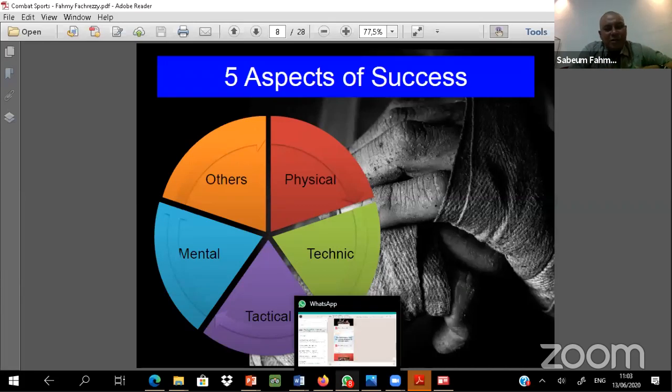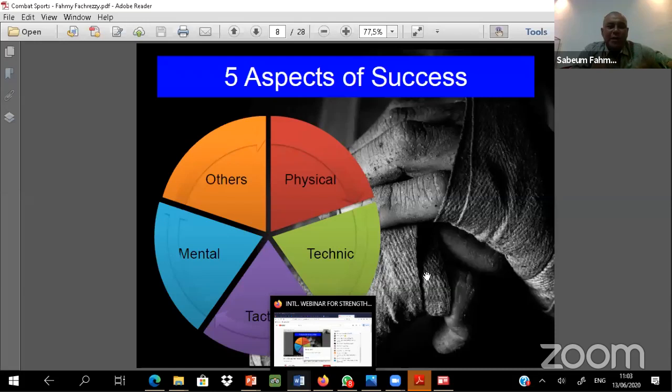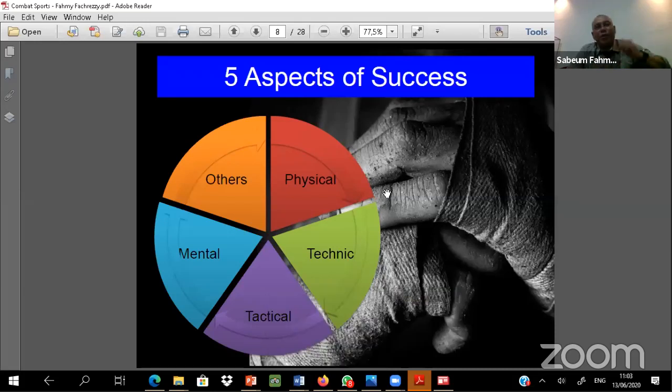So the coach must control the situation. Number one, control the athlete because athletes have many characters. When the coach controls the athlete, that is a good situation, because the situation supports the success planning.